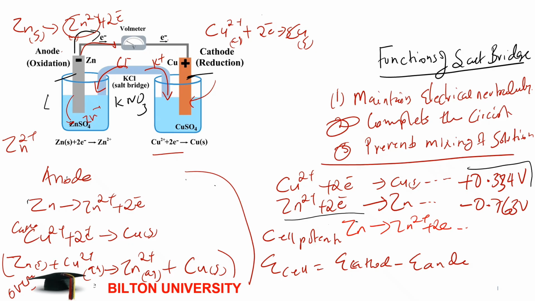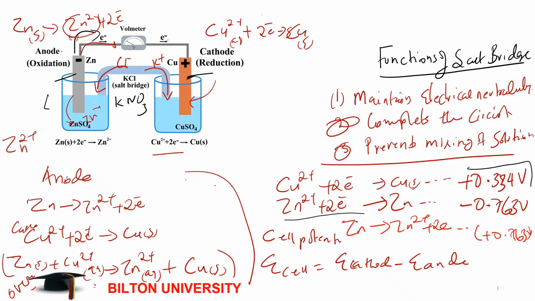Normally when we reverse the equation, we reverse the sign, so this one will give us +0.763 volts.